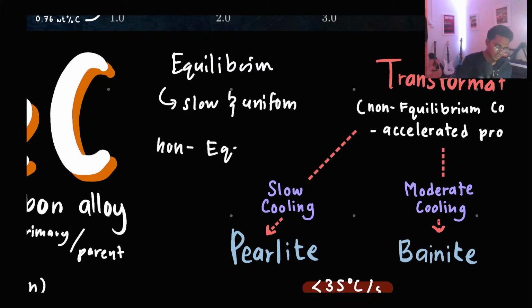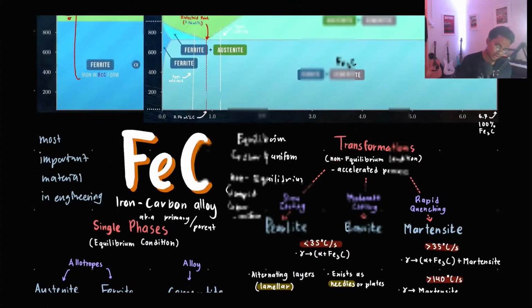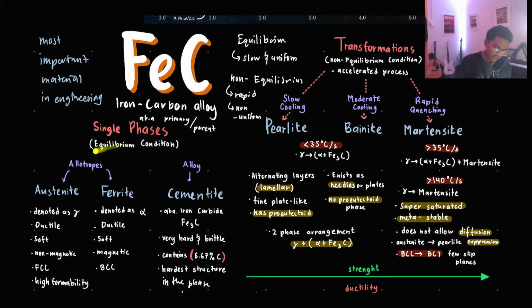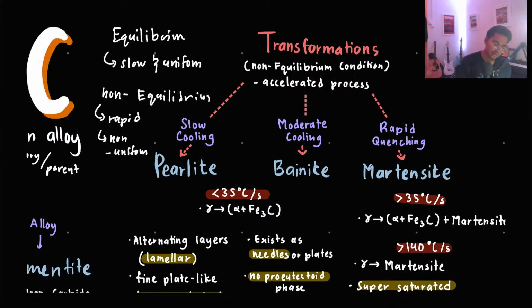Non-equilibrium is very rapid and non-uniform. So that is the main difference between equilibrium and non-equilibrium conditions. If you have equilibrium condition, it will just transform into these three phases. If you have a non-equilibrium condition, you have different types of phases.